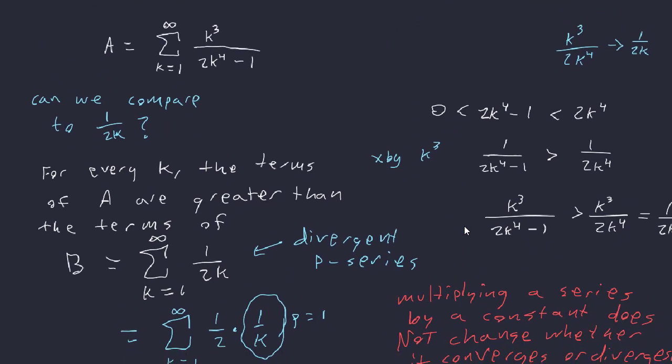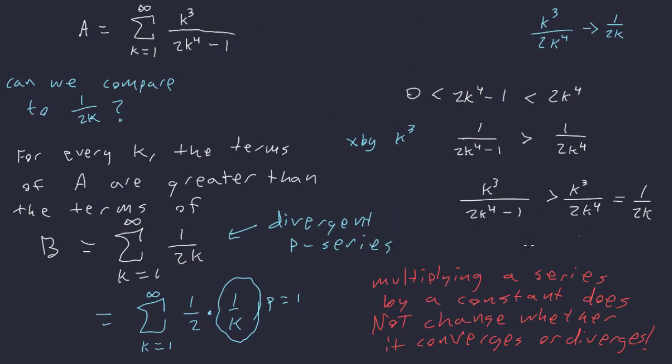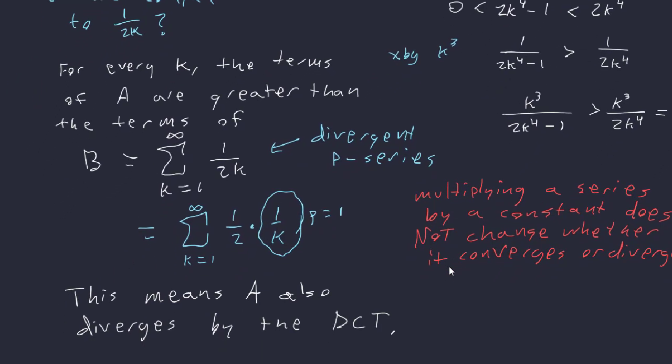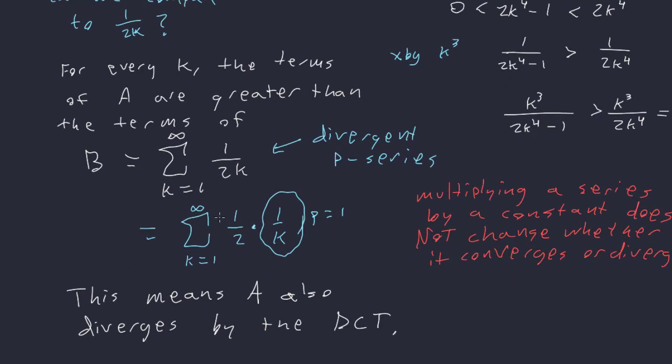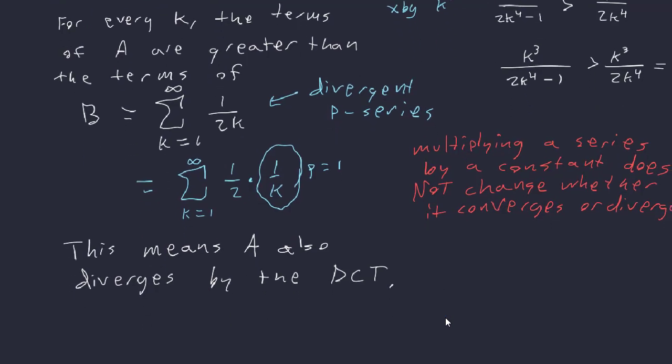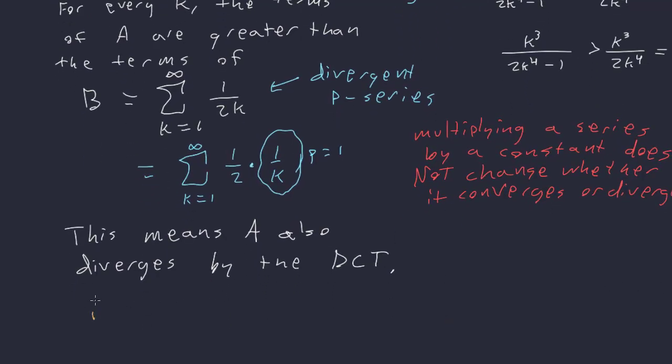Right? Because every term of A is greater than every term of B, and B diverges. So, in other words, i.e. A lives above a divergent series.